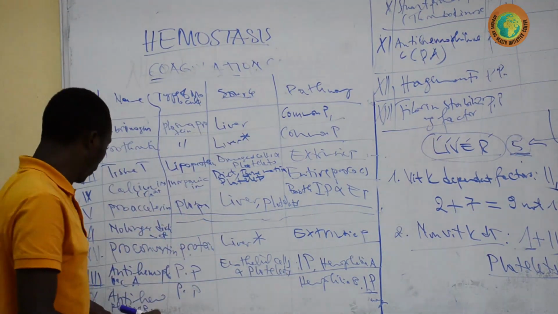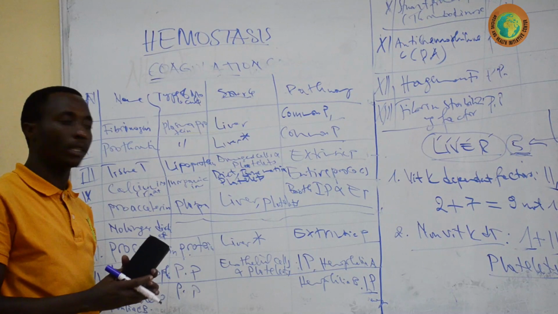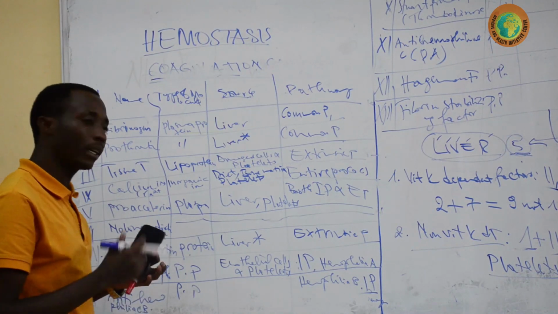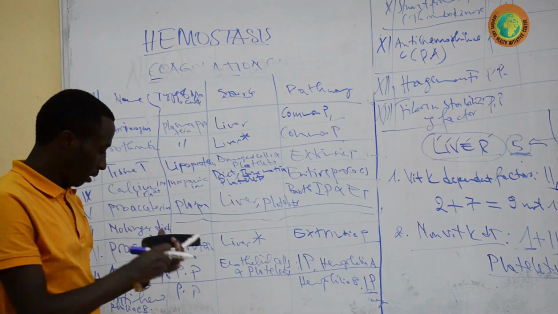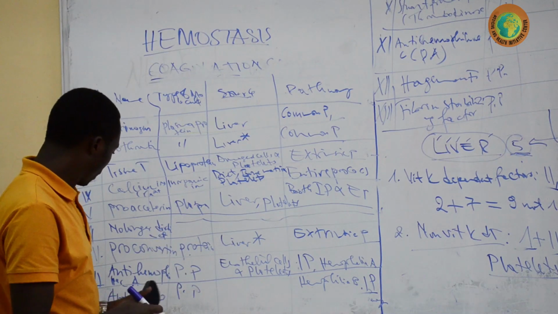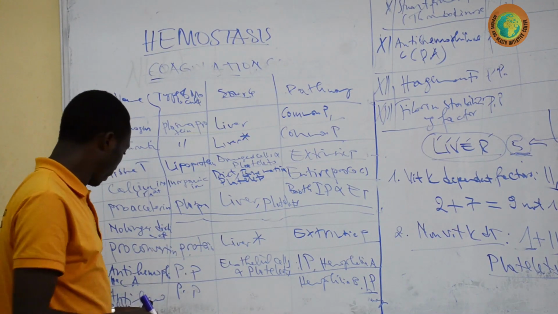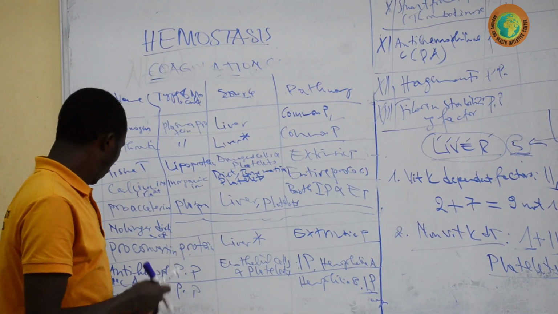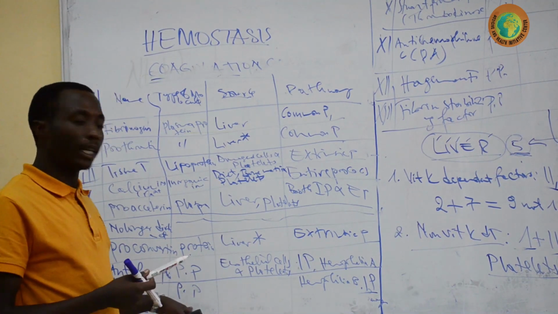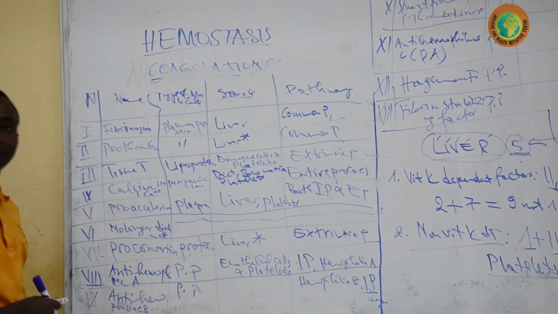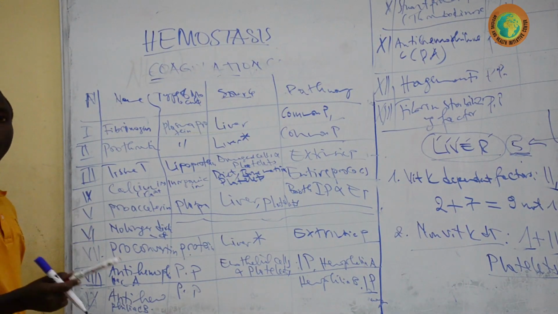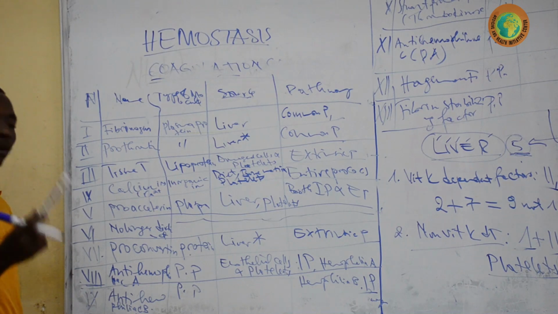Now friends, we have factor 9, antihemophilic factor B, which is plasma protein by nature. Factor 9: 2 plus 7 is equal to 9, not 10.